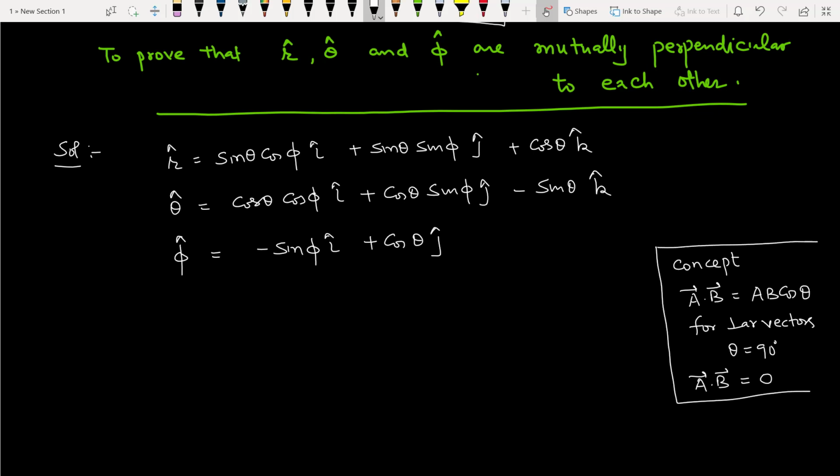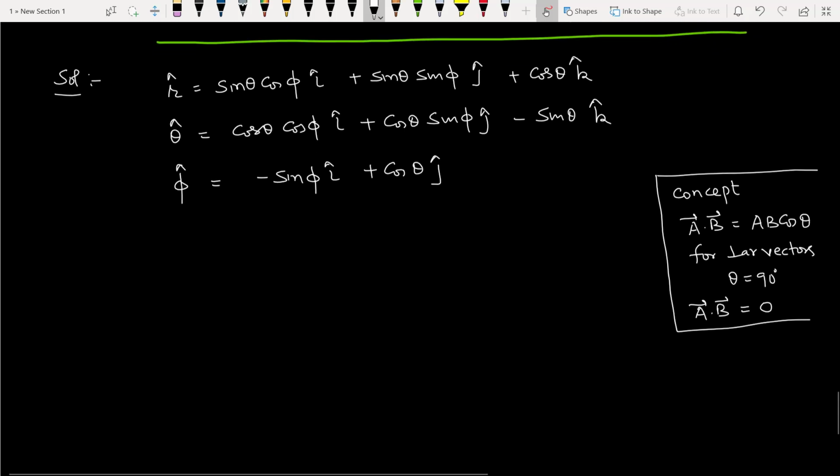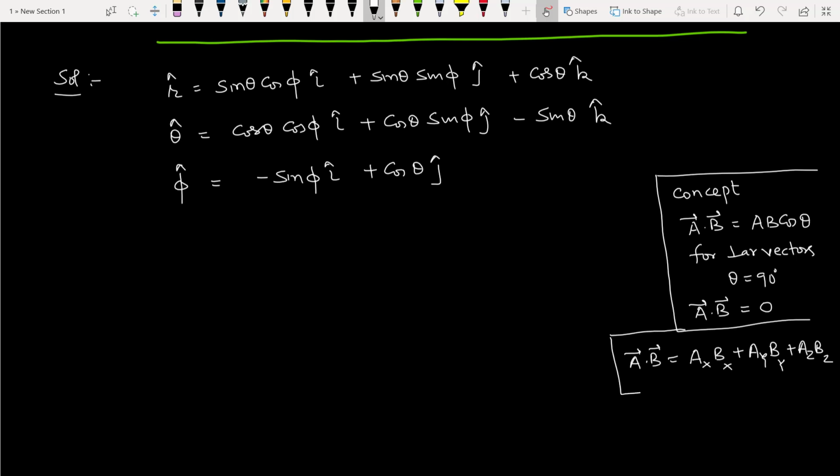So we will simply find the dot product of the two vectors, and if it is 0 then vectors are perpendicular. One more formula from the dot product will be used here as AX BX plus AY BY plus AZ BZ. So this is the formula used for calculation of dot product of two vectors.